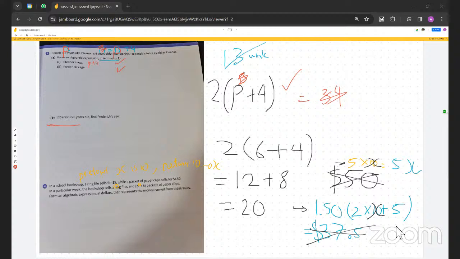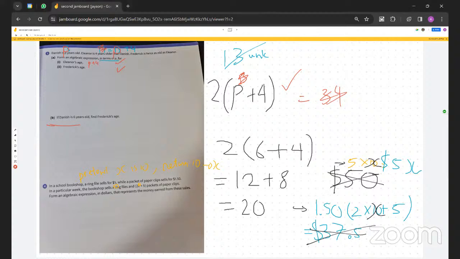Back to the question. The question wants not just the money earned, but an algebraic expression. Now, which one is the algebraic expression right now? Okay. Is your answer 5x? Is that what you're saying? All right, then think carefully again.